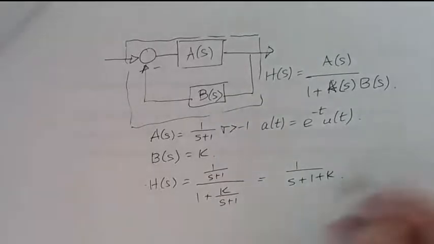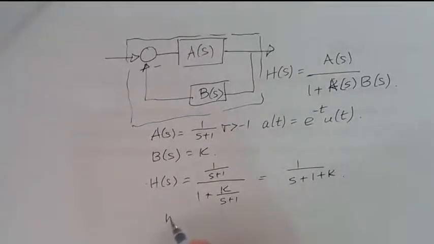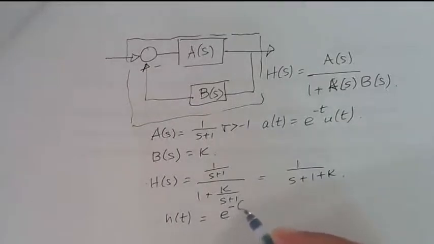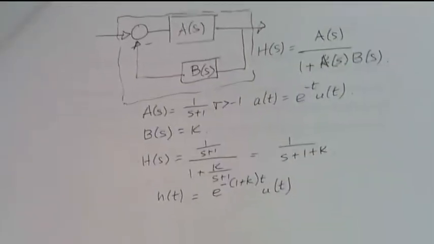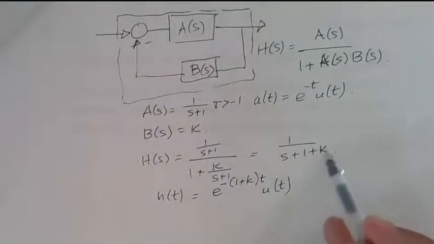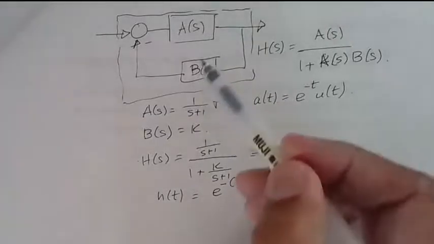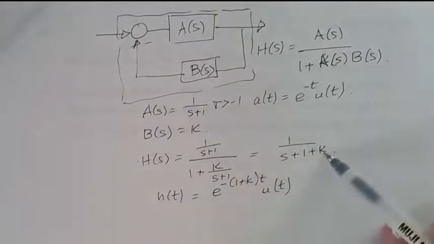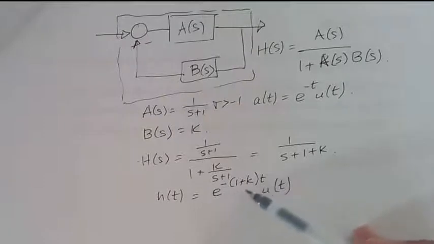So now my impulse response is just going to be e to the minus 1 plus k t u of t. Right? So by putting different values of k, I can make the response of the system either more responsive or less responsive, depending on how I pick k.